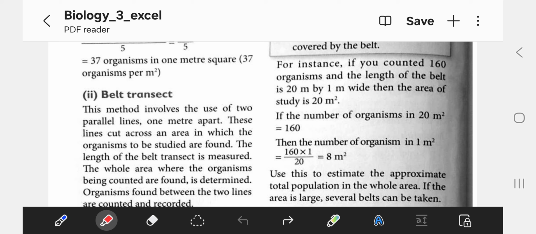For example, I want to study the population of grasshoppers. So you find a way of capturing grasshoppers. You go to the forest and capture as many grasshoppers as you want. After capturing, you mark them with ink, and then you release the organisms back to the environment.